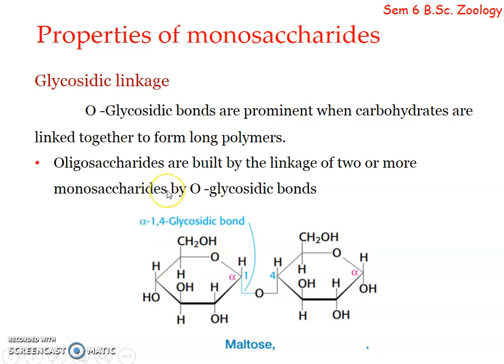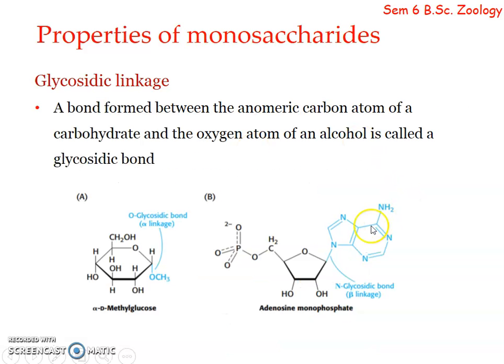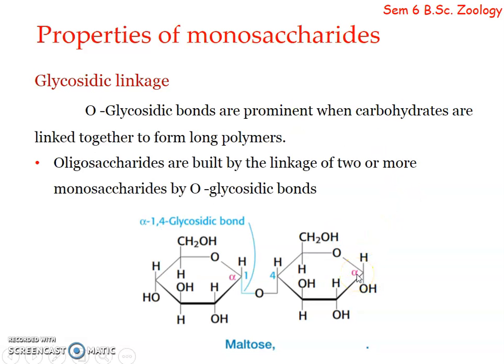We will continue with the O-glycosidic bond alone, and when we come to nucleic acids we will come back to the N-glycosidic bond. O-glycosidic bonds are prominent when carbohydrates are linked together to form long polymers. When two monomers bond with each other, the bond is a glycosidic bond, specifically the O-glycosidic bond.